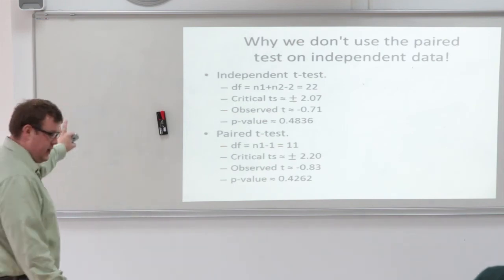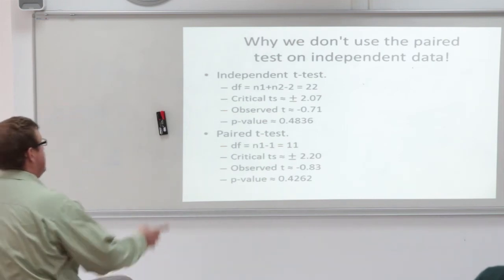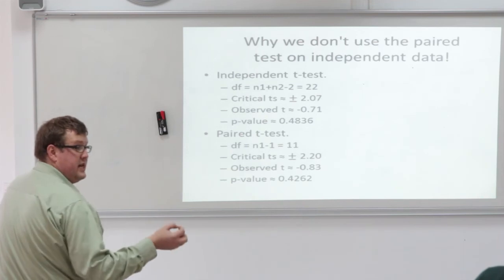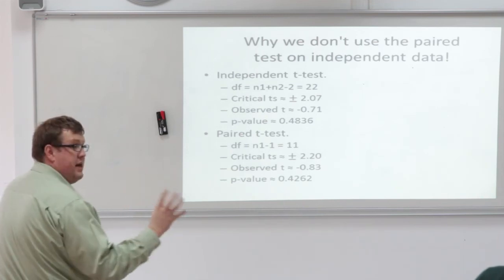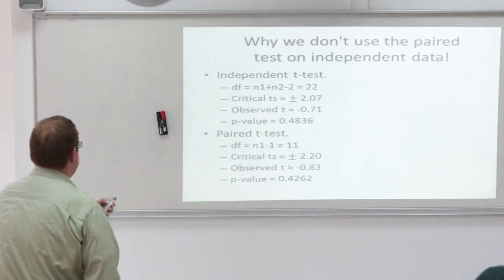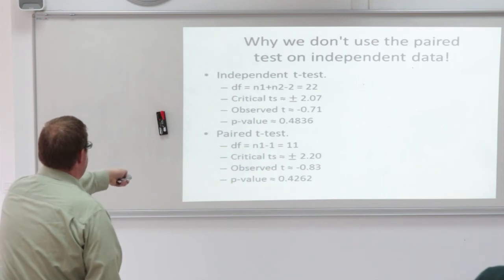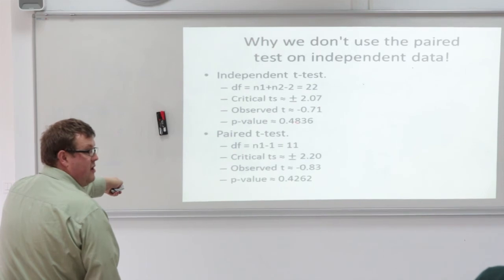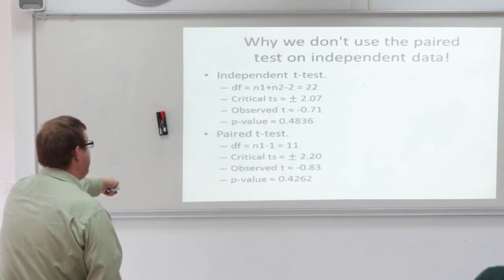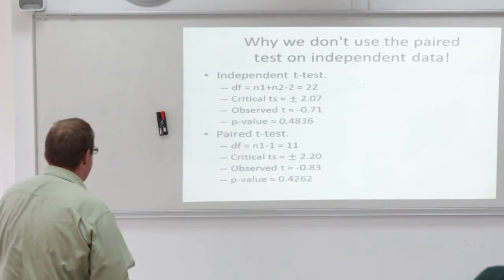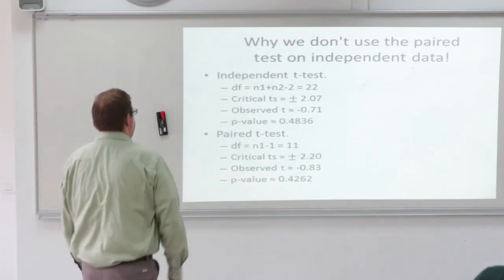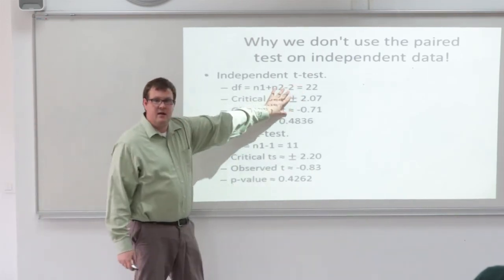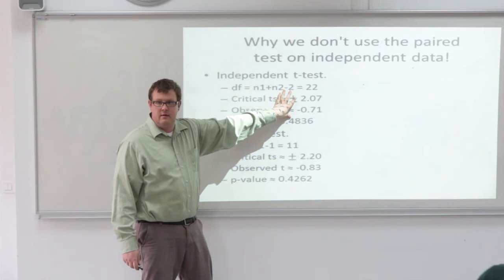So, okay, let's take a look at using the independent and the paired t-tests on the independent data. So, this stuff up on top, this is what we had at the beginning of the class. I said that the p was greater than 0.05. Was a lot greater than 0.05. This is 0.4836. Now, for the independent t-test, does the order matter?